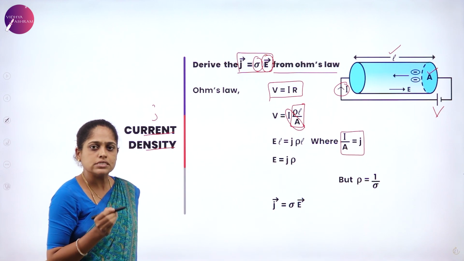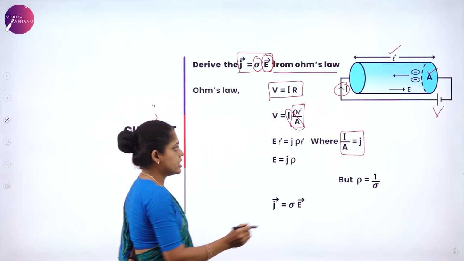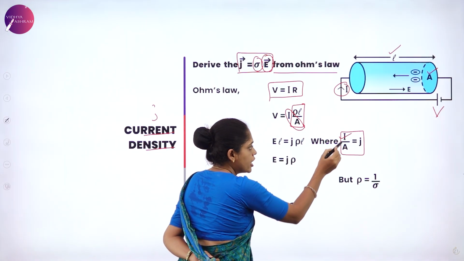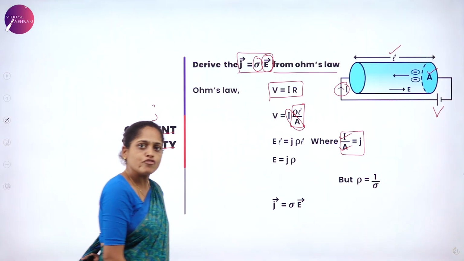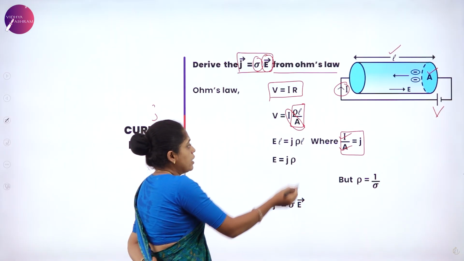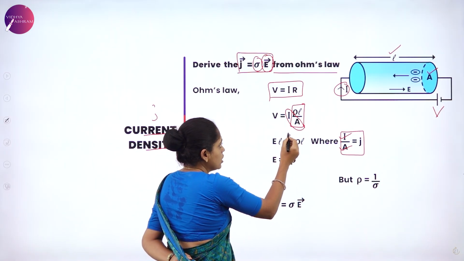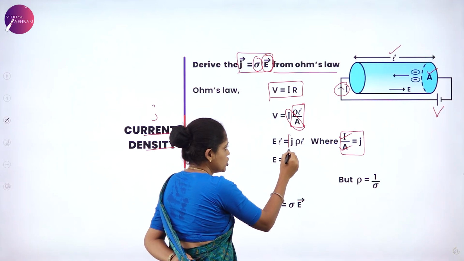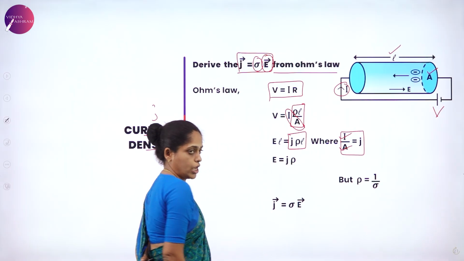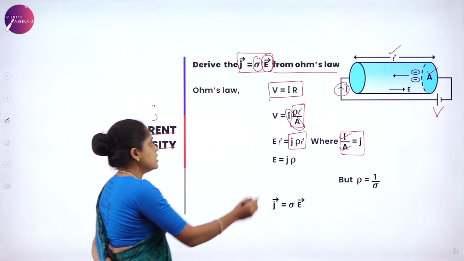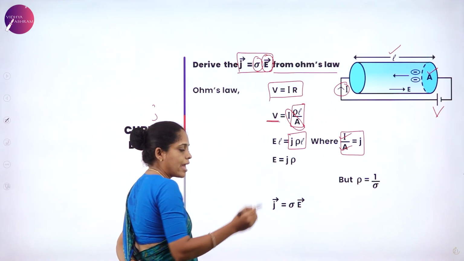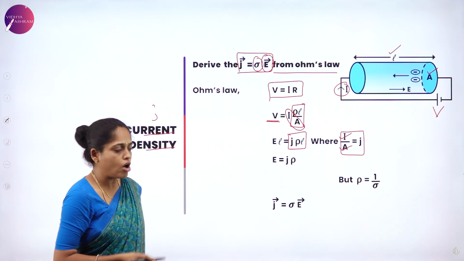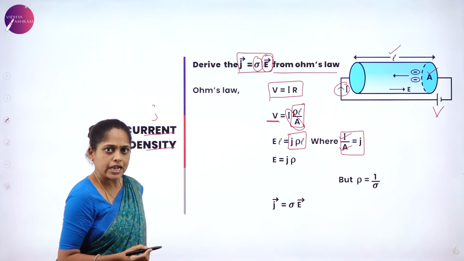So, current density is defined as the ratio of current per unit area of cross section. Replace that, then you get the RHS as J rho L.